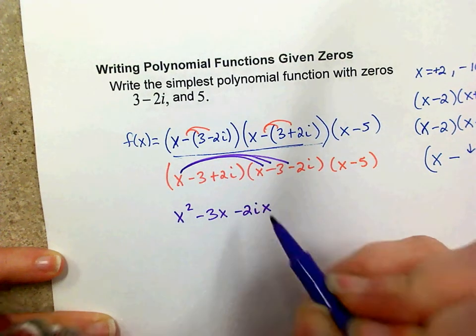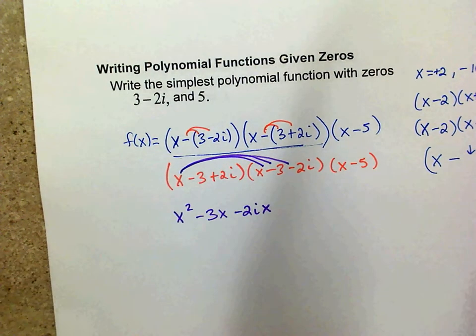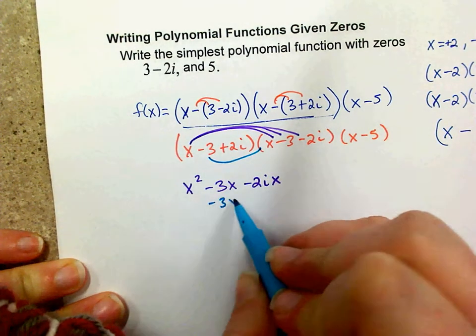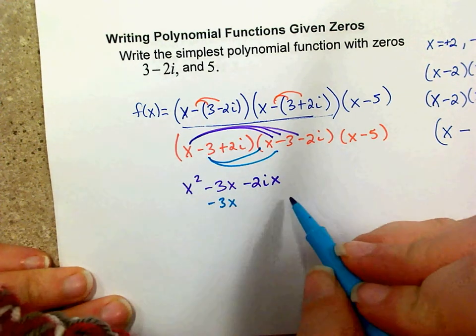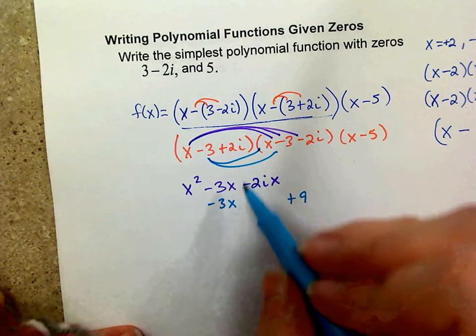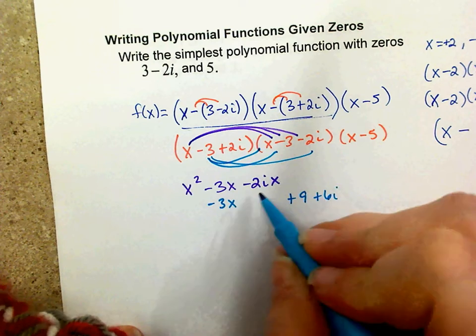It doesn't really matter how it's written. Then we distribute a negative 3. Negative 3 times x is a negative 3x. Negative 3 times negative 3 is a positive 9. I don't have another term like that, so I'll put plus 9. And negative 3 times negative 2i is a positive 6i, and that one has an x, so I'll put it over there.